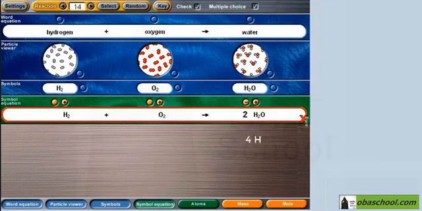We have 4 hydrogen atoms now in the products. 2 times 2 equals 4, so we have 4 hydrogen atoms. And we need 4 hydrogen atoms in the reactants, and that's why we added 2 before H2 in the reactants.